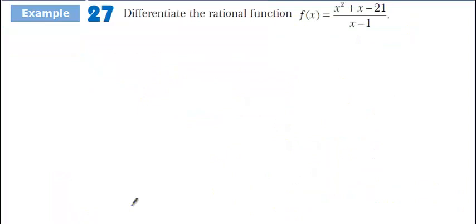Here I'm going to apply the same rule for this one. x squared plus x minus 21, this is going to be f for us, and this is going to be the g. The derivative of f over g, again I'm writing here, f derivative times g minus f times g derivative over g square.